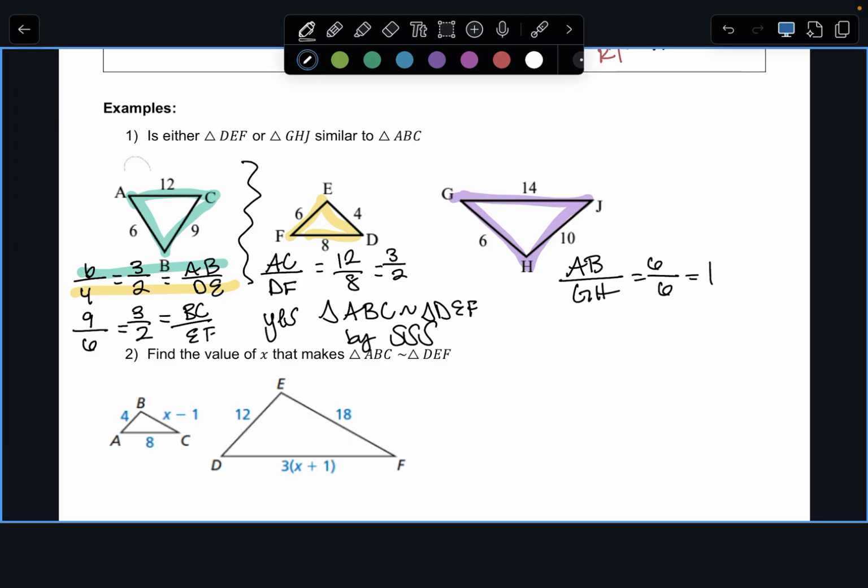I divide those, I get 1. I go to my medium side, hoping that that 1 is my ratio. So my medium side over here was BC, it was 9. And my medium side over here is HJ, it's 10.